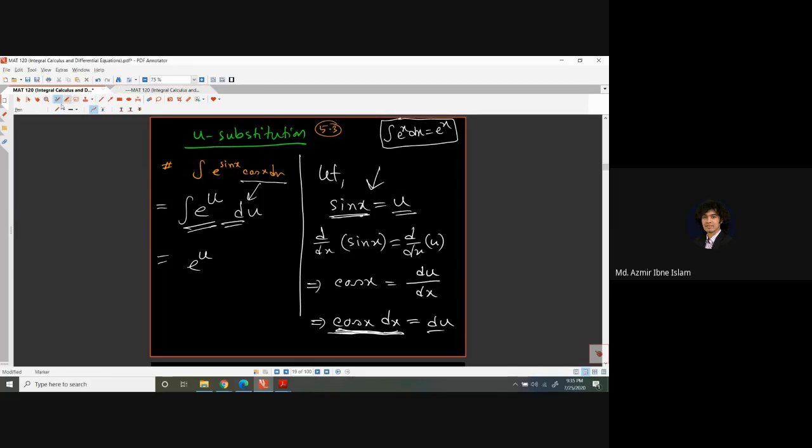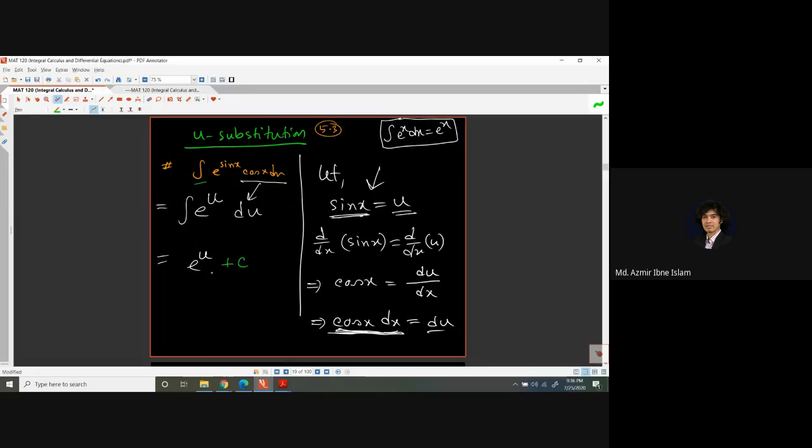Remember, whenever you are applying the u-substitution method, your function should be the suitable one, otherwise calculations will be difficult. So integration of e to the power u with respect to u will give us the antiderivative e to the power u. Since we have started with an indefinite integral, there is no lower and upper limit, so we can add a constant c.